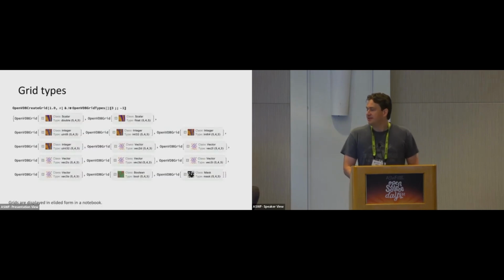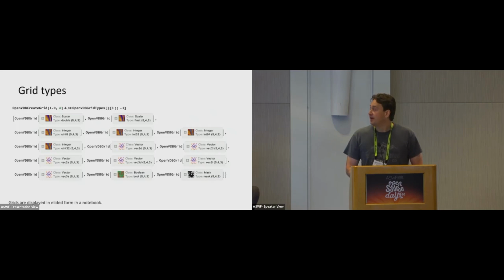And what's nice, the notebook interface is graphical. It's not just text-based. So if you just hit Shift-Enter and create a grid, it'll output this in a graphical form. It's still a computable object, but we got a little icon for each type. If it's vector, you get a bunch of little vector plots and stuff like that. But basically, if you click the little plus button, you get a little more info about your grid.